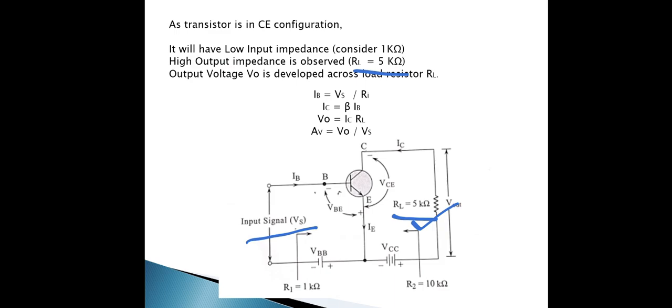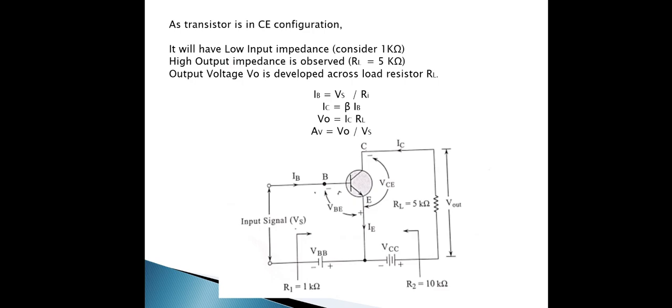So what we will do now in this experiment is calculate the value of V0, that is the output voltage developed across the load resistor because of the change in the applied voltage. For that, first we have to find the value of IB.